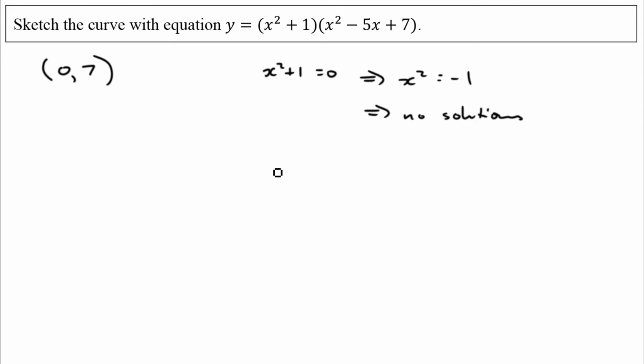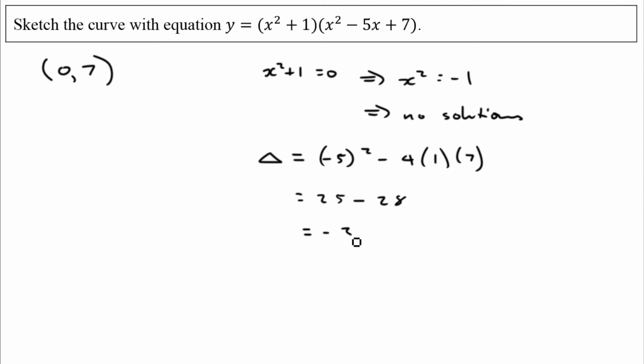Well, the easiest way to check if that's got any solutions is to look at its discriminant, and its discriminant is -5 squared subtract 4 times 1 times 7, which is 25, subtract 28, which is -3, and being less than 0, we can see that the second quadratic also has no solutions.